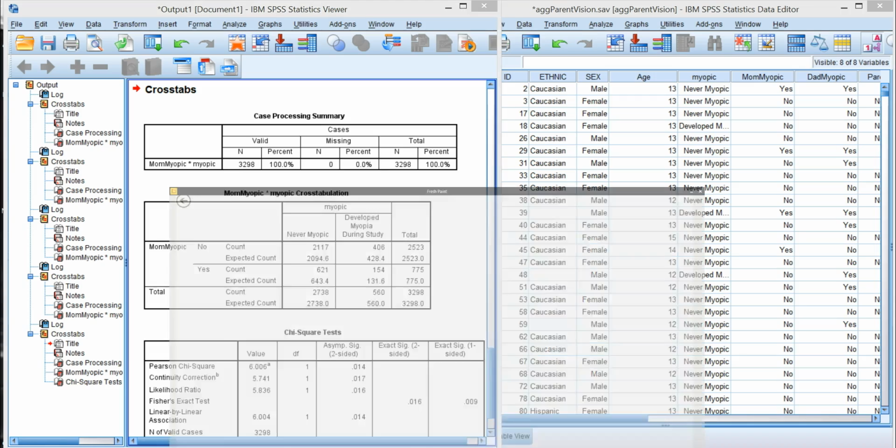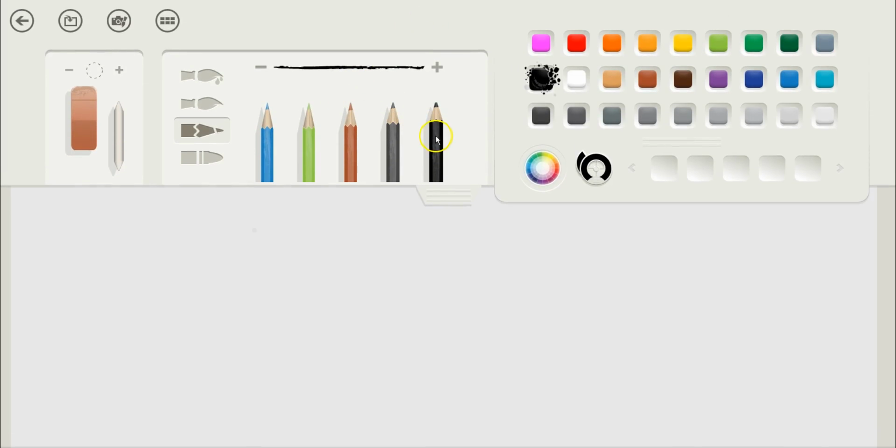So let's look at the formula for chi-square. Chi-square looks like this. And that equals an observed value minus its expected value.